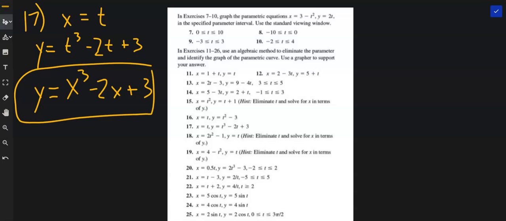We eliminated t! That is all we had to do because they made x equal to t. They made this an easy question for me. The elimination part was simple. Okay? So if you ever get a question where x equals t or y equals t, hallelujah. That makes the whole problem like 11. 11 should be an easy question.